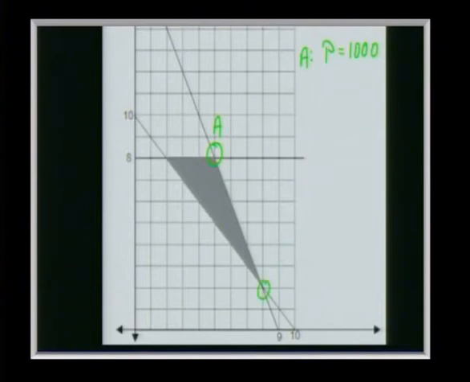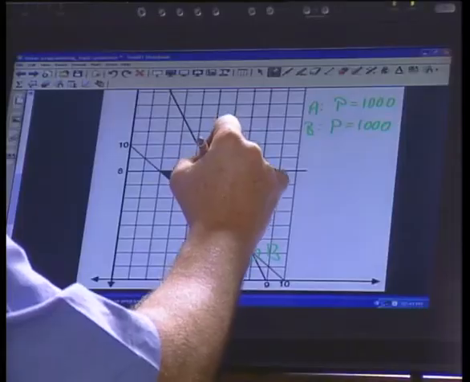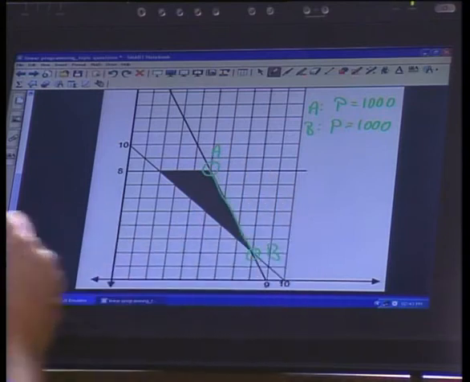And let's say from point B, I also got a profit of 1,000 Rand. That means that anywhere along the line AB will give you a profit of 1,000 Rand. It'll be the same profit.